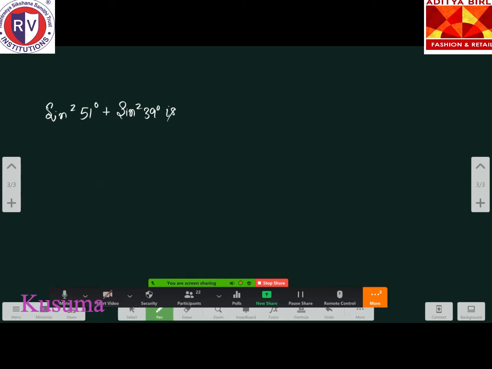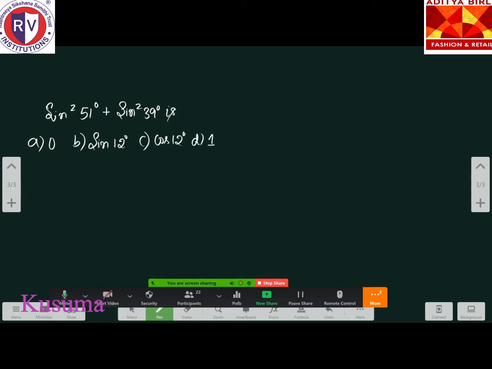The options are, option A is 0. Option B is sine 12 degree. Option C is cos 12 degree. And option D is 1.